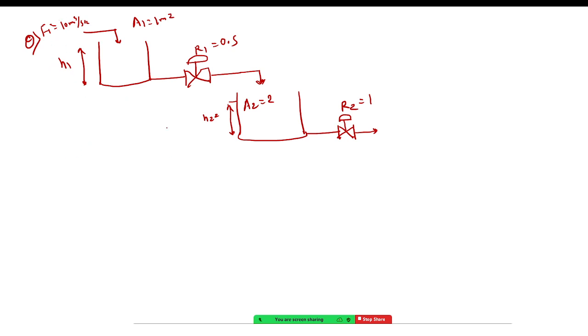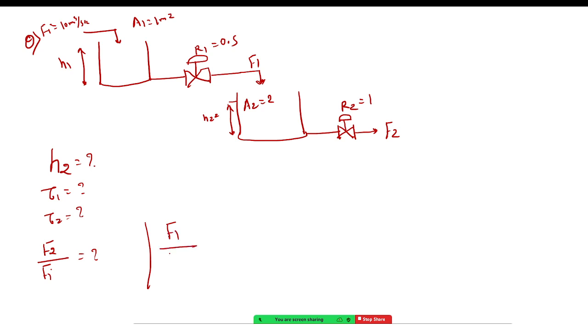Calculate the value of height of the tank h2. Tau 1 is equal to what? Tau 2 is equal to what? This one is your f2, this one is your f1. What is the value of f2 divided by fi, what is the value of f1 divided by fi, and what is the value of f2 divided by f1? Calculate it.